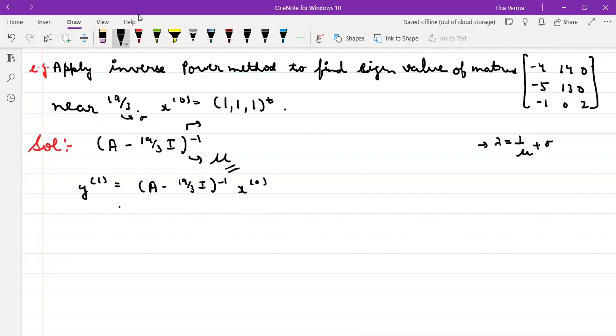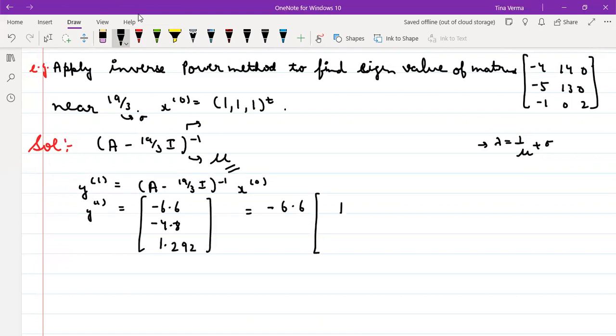So you can easily find A minus 19 by 3 I by finding the inverse, and when you do the calculation, your first vector comes out to be -6.6, -4.8, 1.292. From this, because it has two negatives, we can take the maximum, that will be -6.6 out, so it will be 1.